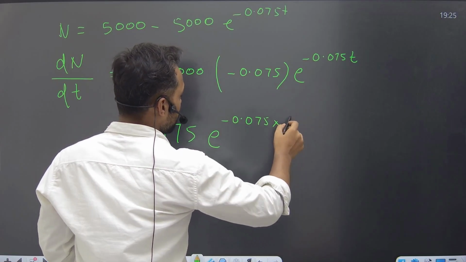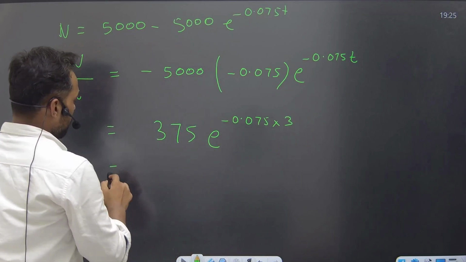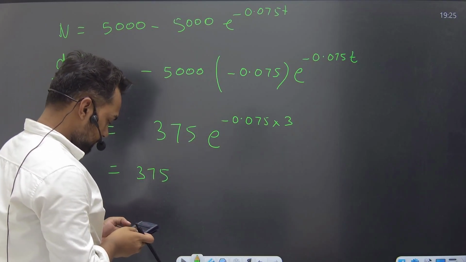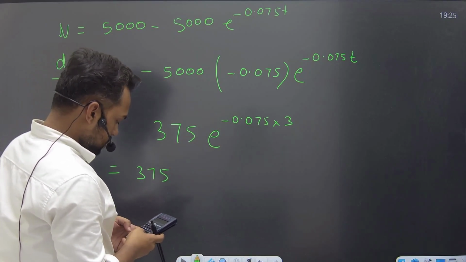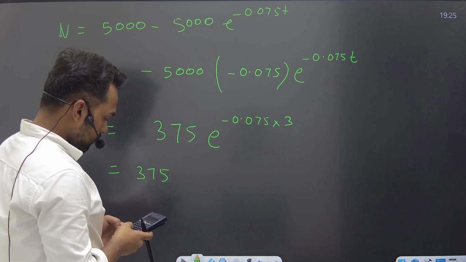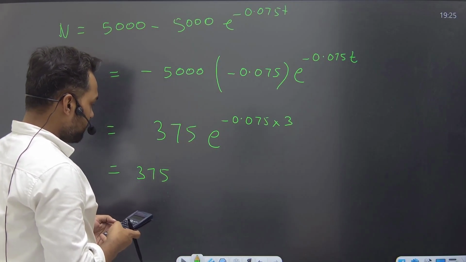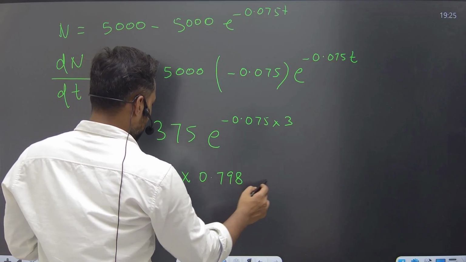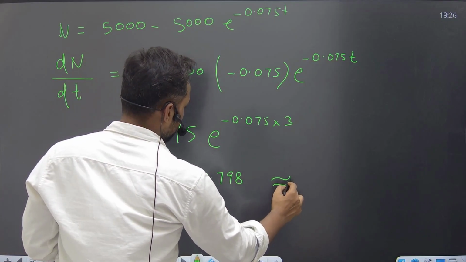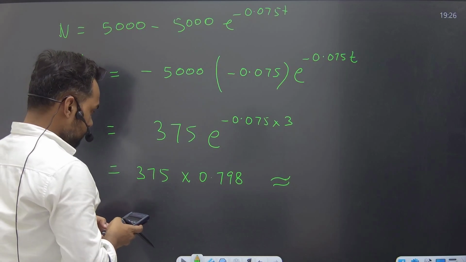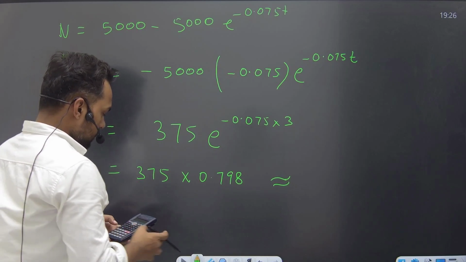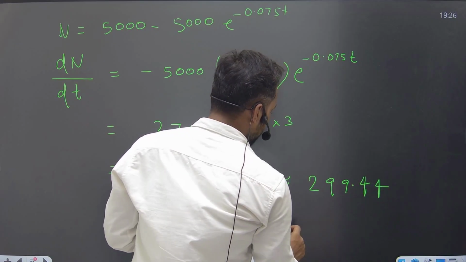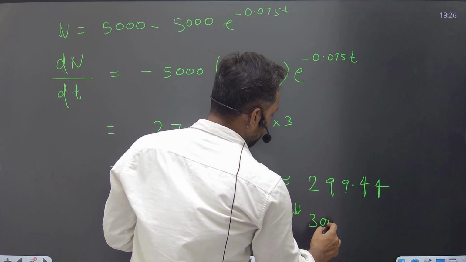In the question it is mentioned that t is 3, so you will get 375 e raised to the power negative of 0.075 cross 3. You will get the value as 0.798. So this will be roughly equal to, student, 375 into 0.798, which is 299.44.